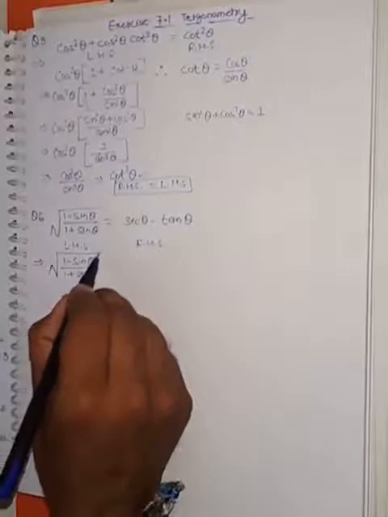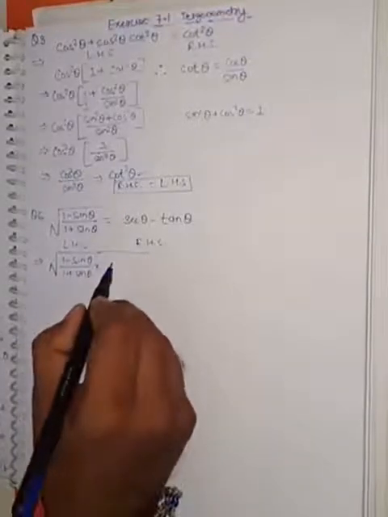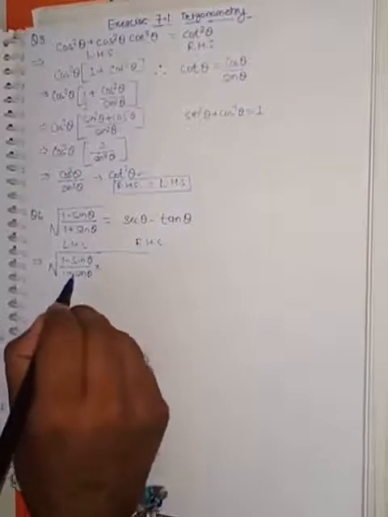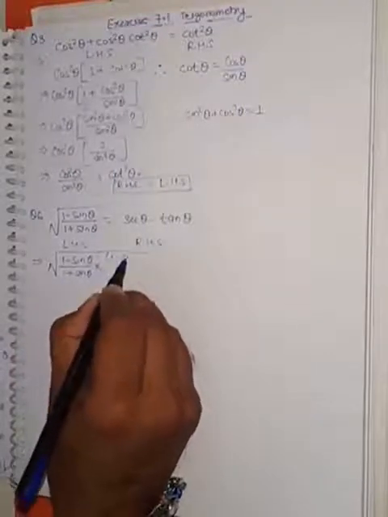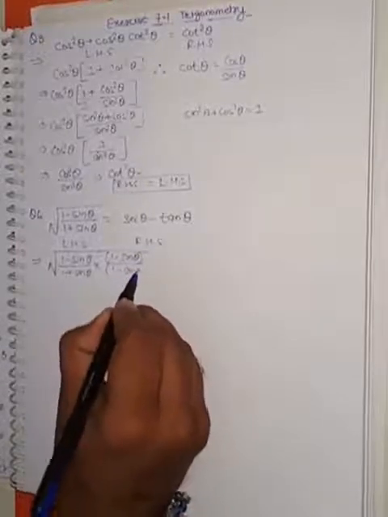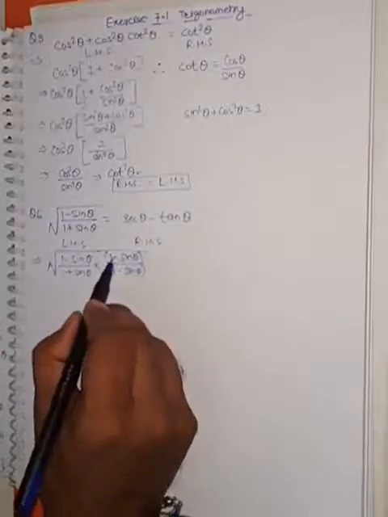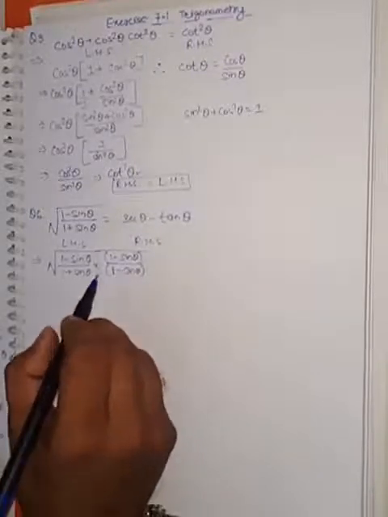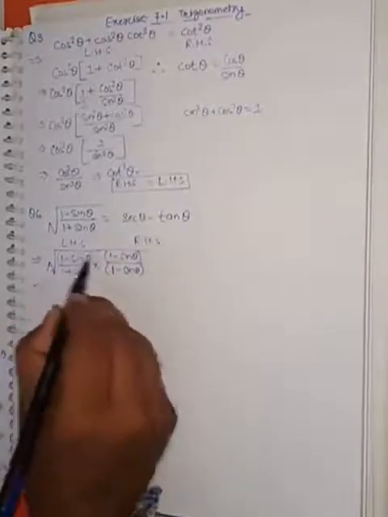So here I am going to rationalize 1 plus sine theta. The rationalizing value is its opposite sign, so we multiply and divide by 1 minus sine theta, the same number in numerator and denominator.